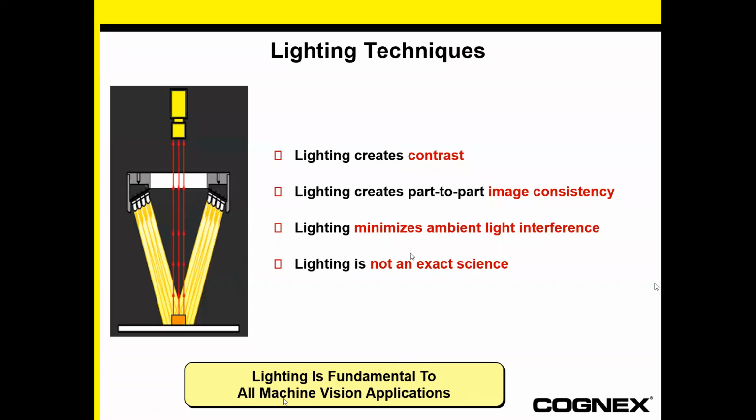But as we can see at the bottom, lighting is fundamental to all machine vision applications. For all those reasons above, it gives us contrast, it gives us consistency, minimizes ambient interference. So lighting is 100% to give us that repeatable system.